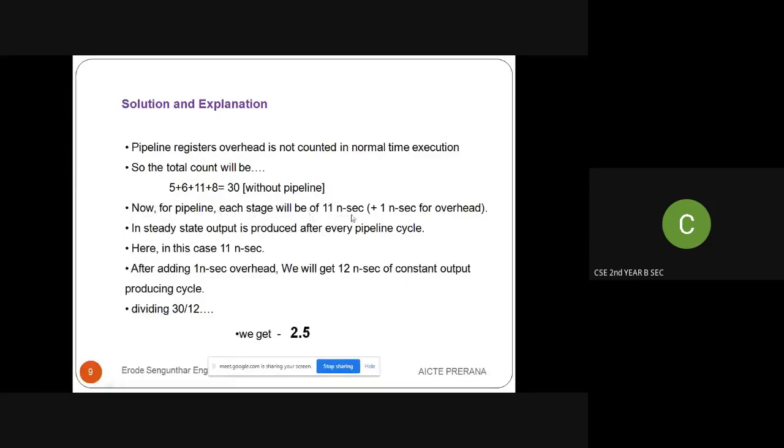That is plus 1 nanosecond for overhead, that is the pipeline register delay. So in steady state, which we are considering here, these 11 nanoseconds will be there.